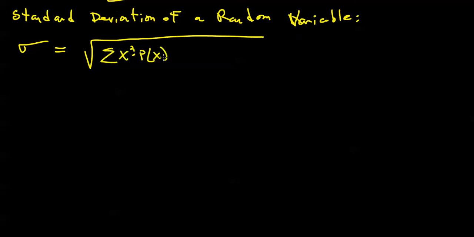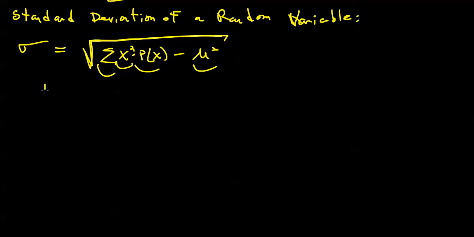Now, the formula should look somewhat familiar to the formula for a standard deviation from raw data. Right? We take each x value, square it first, then multiply it by its associated probability, add up those products, and subtract your previously computed mean, and then take the square root of the entire mess before, right?